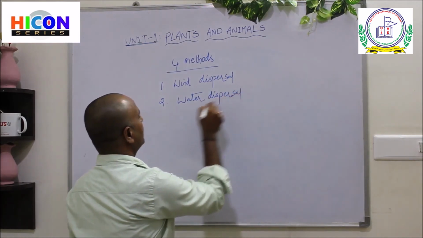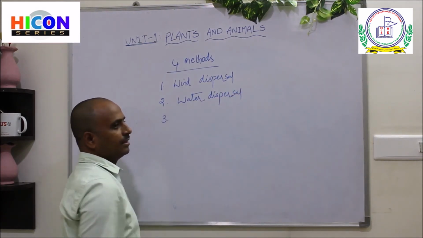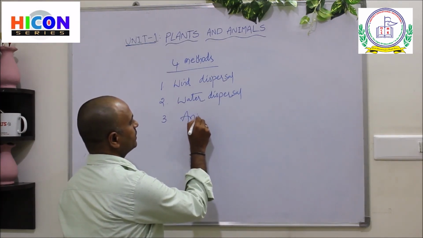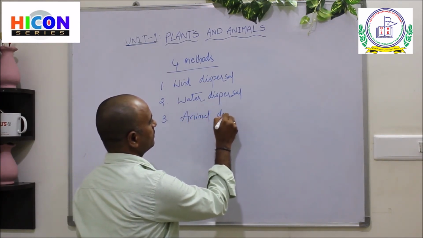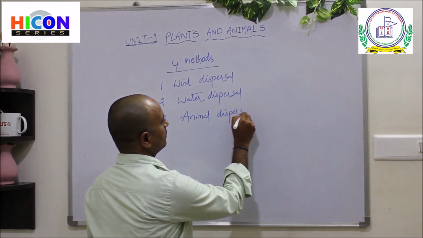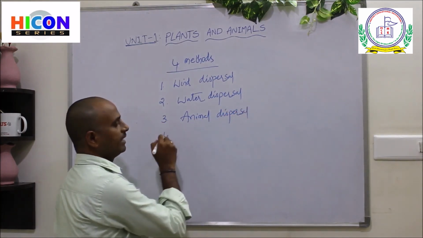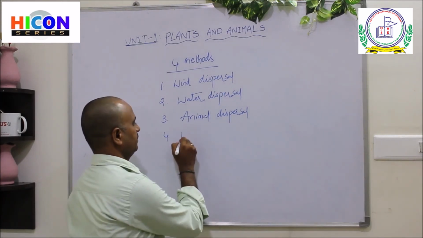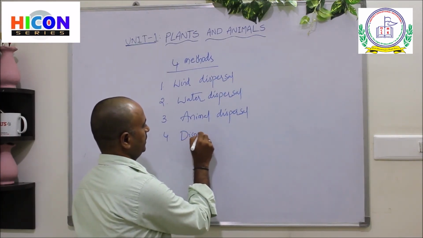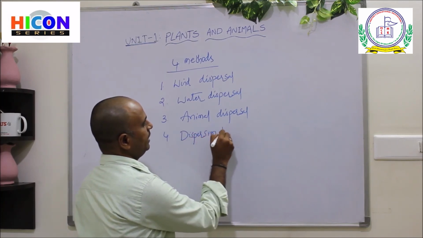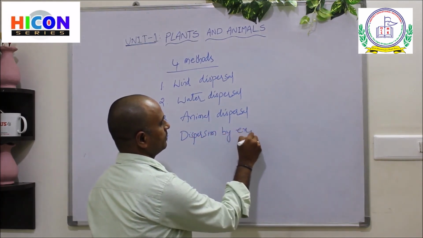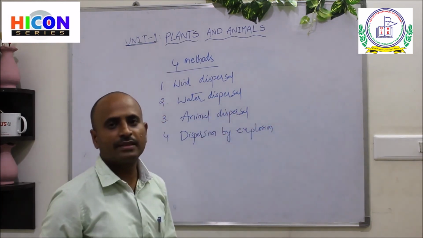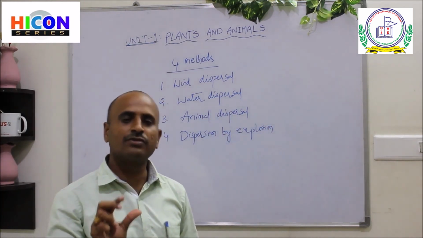The third method is dispersal by animals, that is animal dispersal. And the fourth one is dispersion by explosion. So these are the four methods of dispersal of seeds.